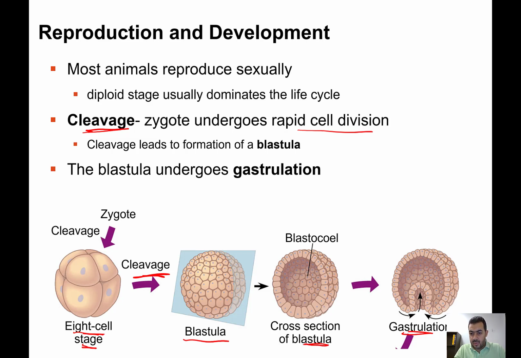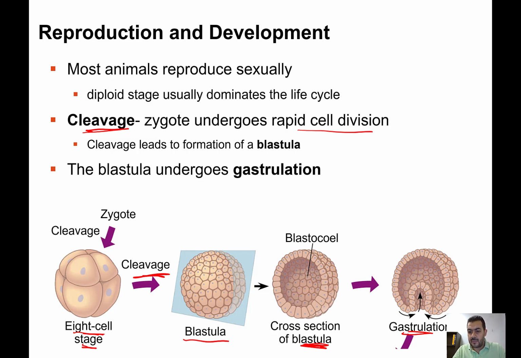It will bend inwards like that, and now going from a one-layer blastula, we have a multi-layer gastrula, because later on we will call the resulting structure the gastrula. The difference is that the gastrula is composed of multiple layers of cells.